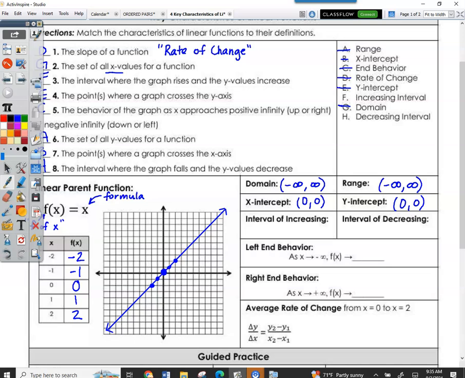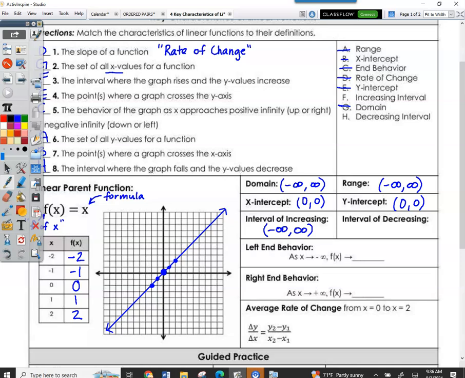Do you notice that it's increasing the entire time? Yes. So, just like the highlighting with domain, you're saying it's increasing all the way from negative infinity to positive infinity. If you don't understand that, that's okay. As we practice this more, you're going to start to understand it.